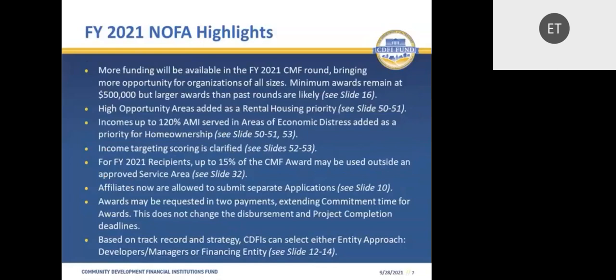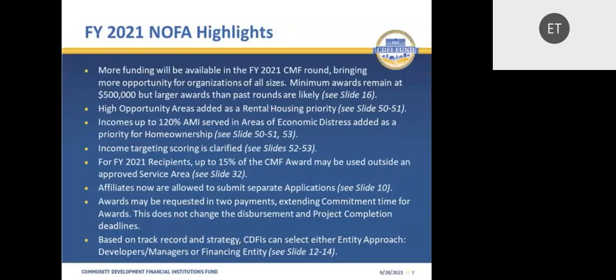So our NOFA was published on September 10th, and there are a number of changes and items that I'd like to highlight for you. Most important, there's more funding available this year. We have twice the amount of funding that we had in our last round and more funding than we've had in any prior round.